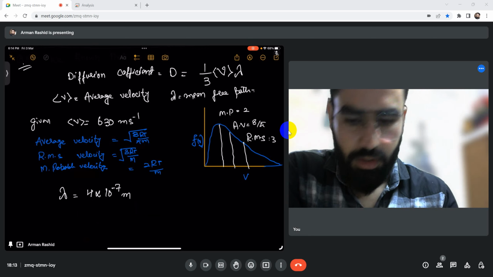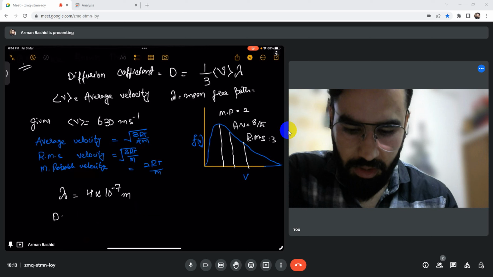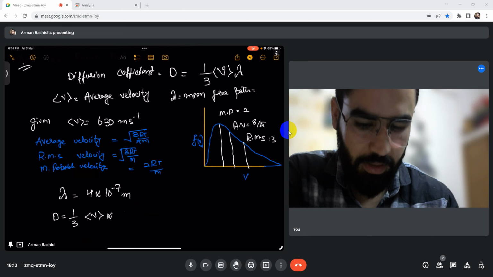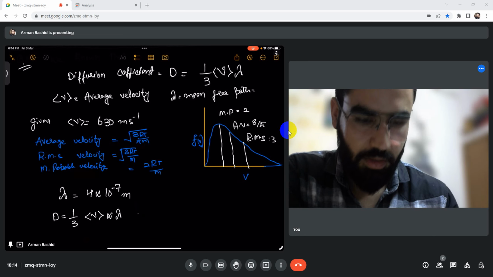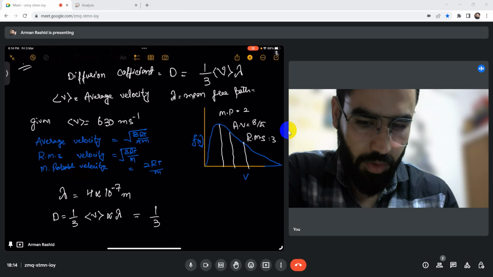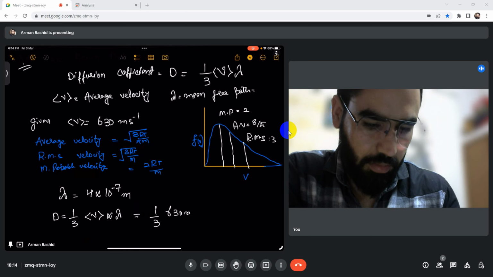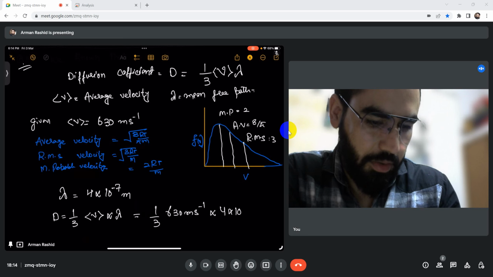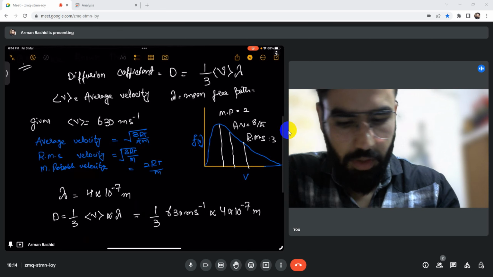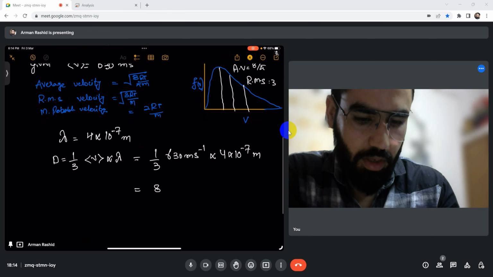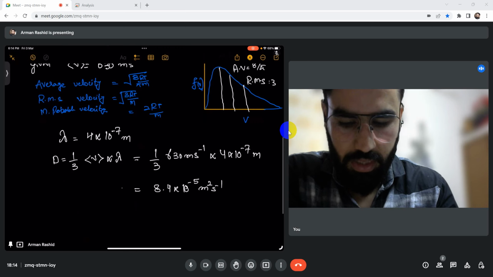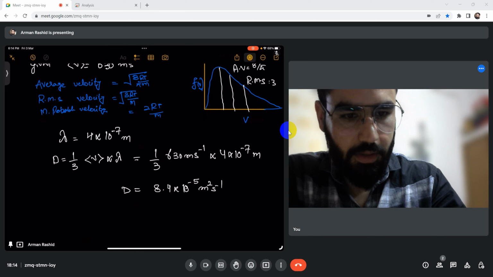So we'll use the above equation: D is equal to 1 by 3 v lambda, that is 1 by 3 times 630 meter per second multiplied by 4 into 10 to the power minus 7 meter. If we calculate it, we'll get 8.4 into 10 to the power minus 5 meter squared per second. So that is our answer.